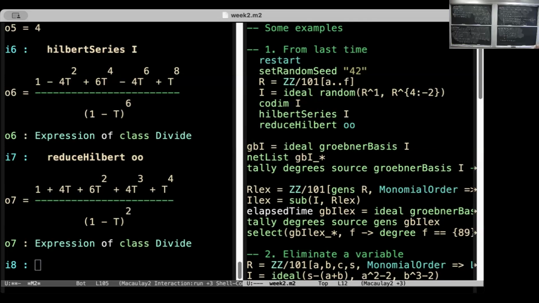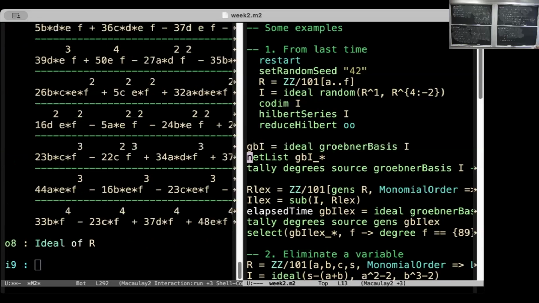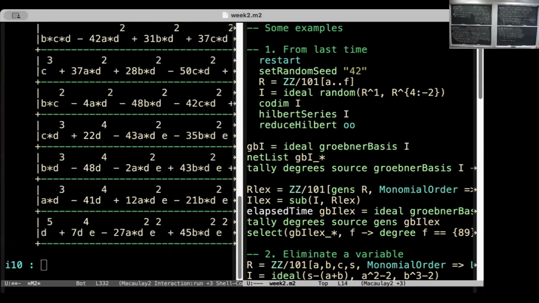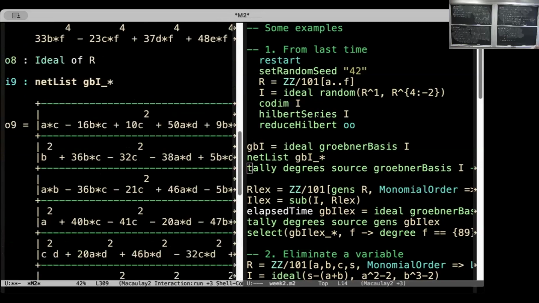What I want to do is the Groebner basis of this thing. How many elements are there? Notice that I started with 4 things of degree 2. Even though the remainders are becoming less in the order, they can be in higher degree, so they're actually not completely less in the order.